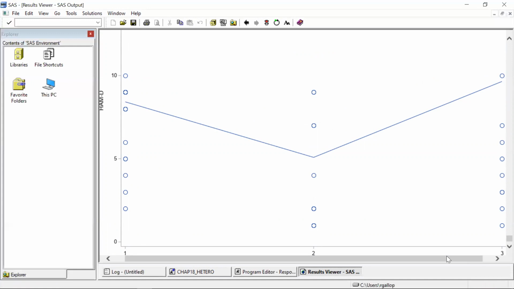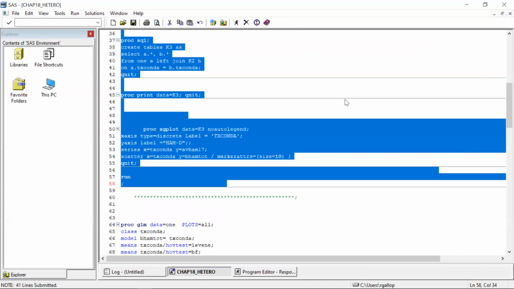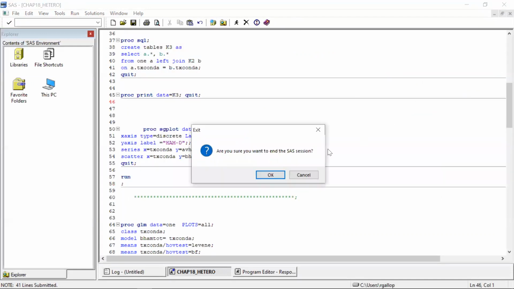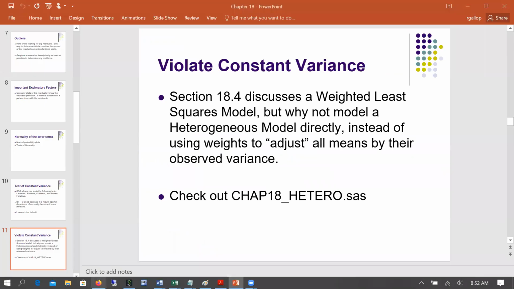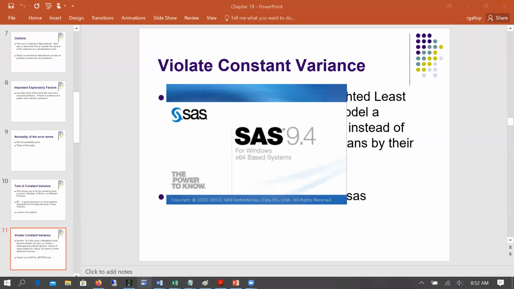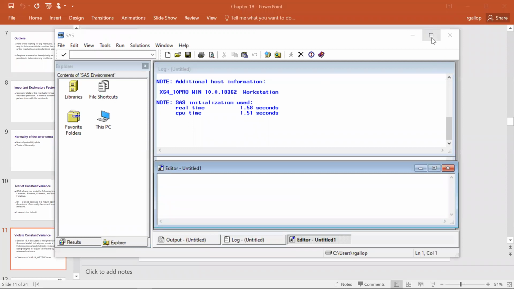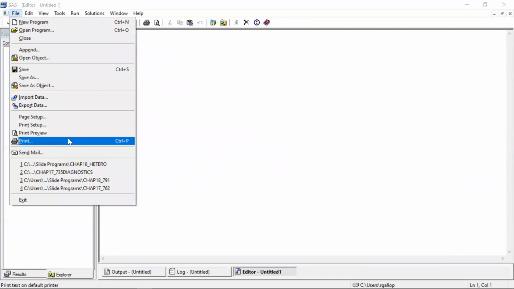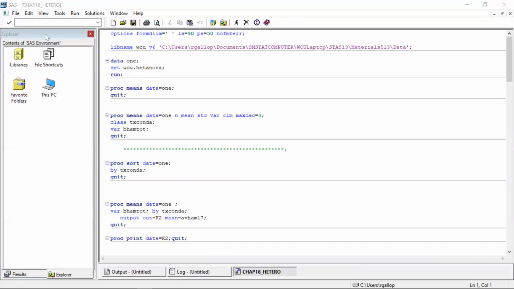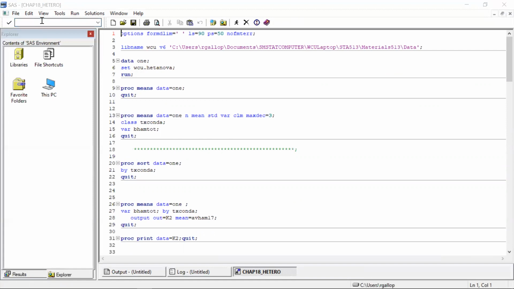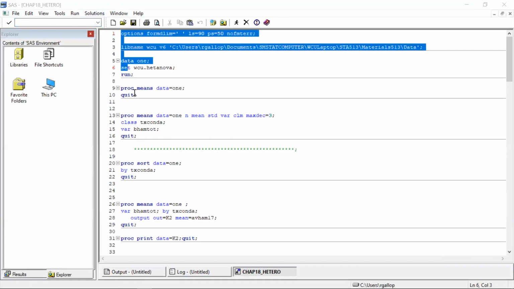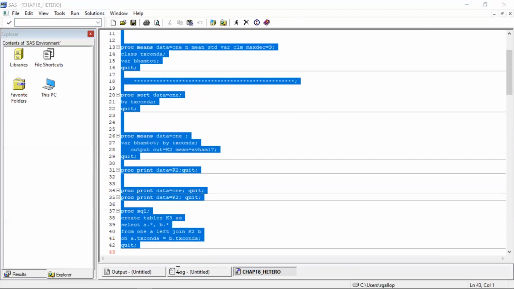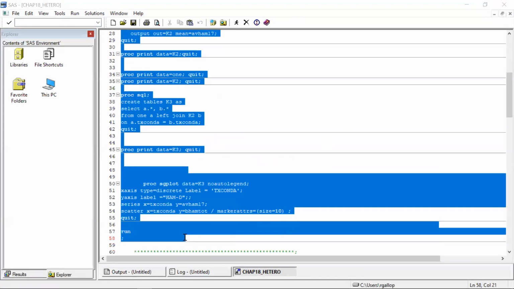Let me just get out of this really quick. Let's jump out of SAS and jump back into SAS. Open that back up. Put the numbers on the right. Let's do what we just did.